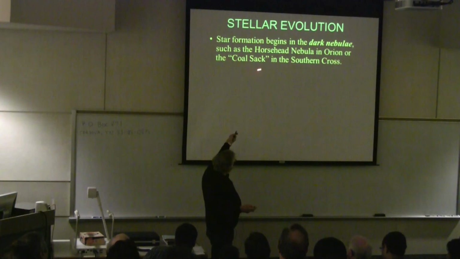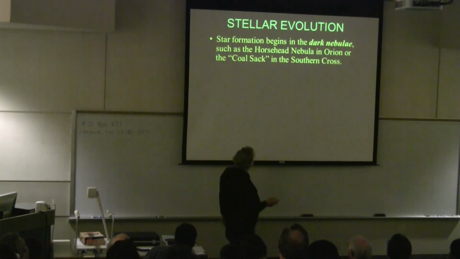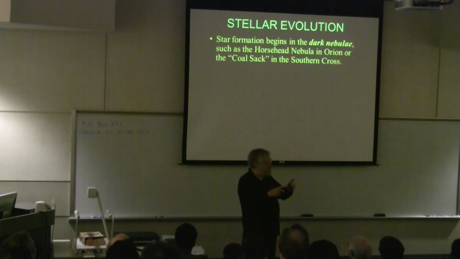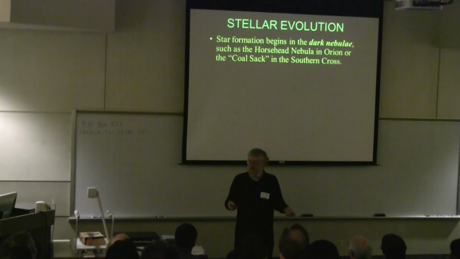So star formation begins in dark nebulae, like the Horsehead Nebula in Orion, or the Coal Sack in the Southern Cross. These were used to be thought of as holes in the sky where there weren't any stars. But that's not the case. It's just an obscuring cloud in the foreground that keeps us from seeing stars through them to the background.